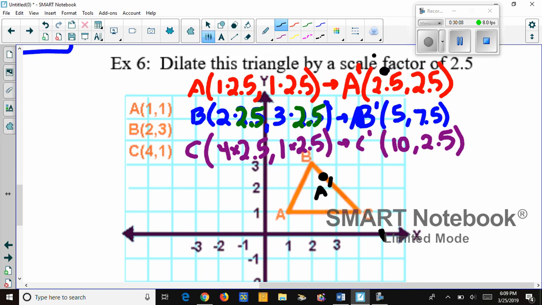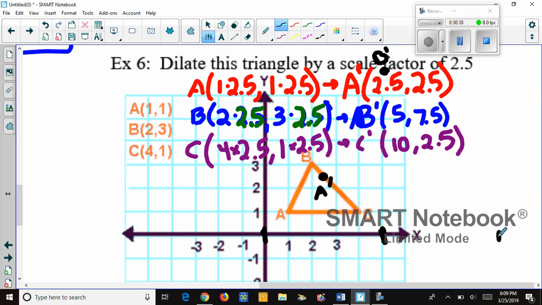And that's B prime. And then for C prime, we're going to have to get a little creative with this. Being at 10 and 2.5, I know where 5's at, and I know where 0's at. I'm going to use my best guess at how far 10 should be, right about here.